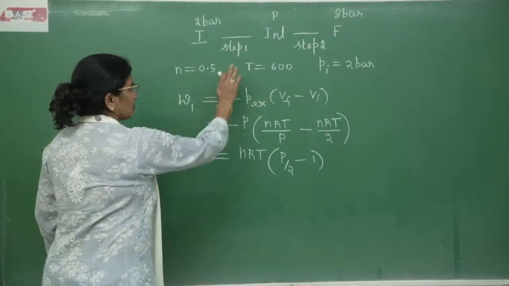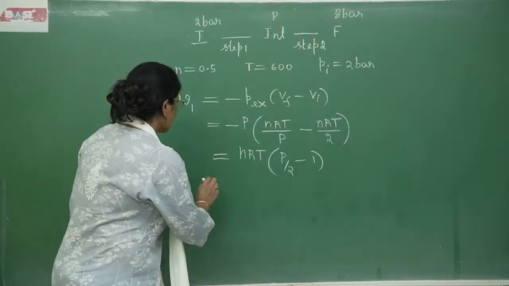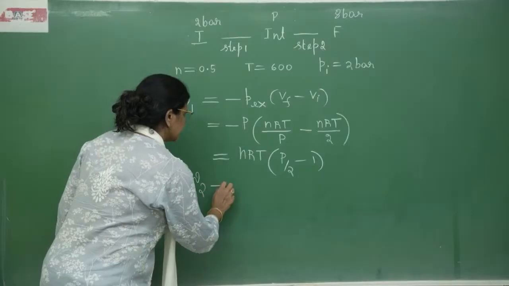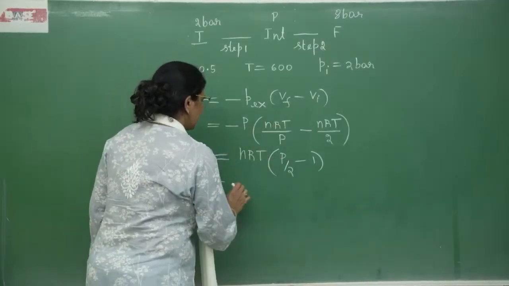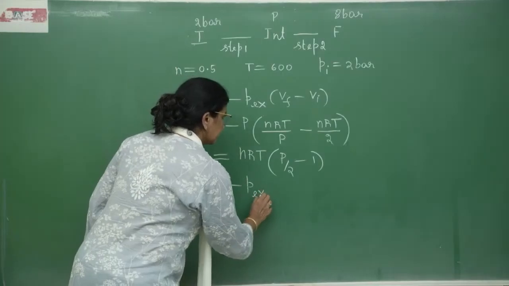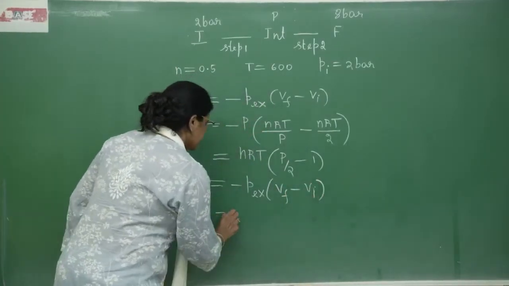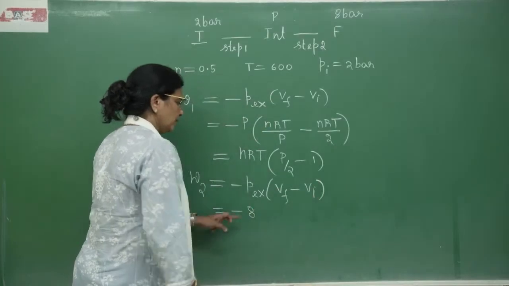So the next step, work done from intermediate step to final step. The second step, same formula could be used. Now the P external multiplied by V final minus V initial. P external is equal to 8 bar now.